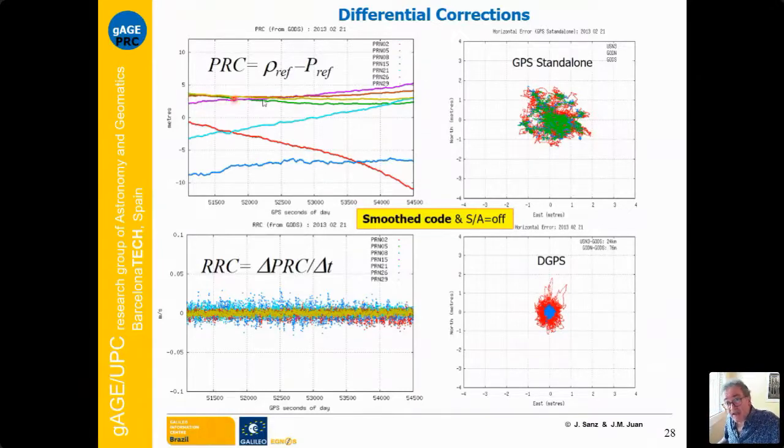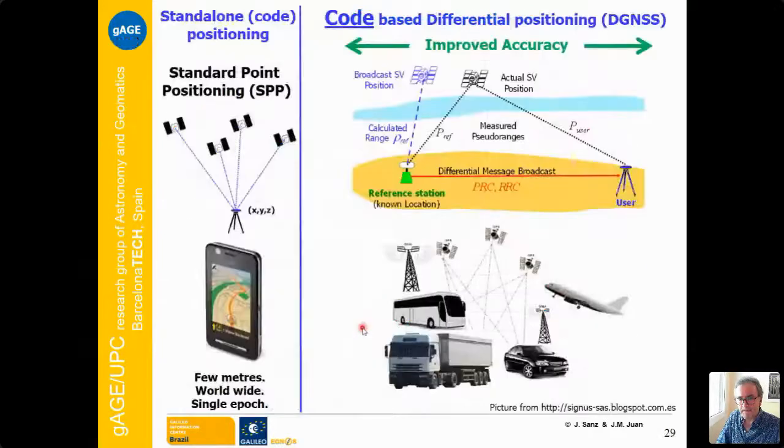But the idea is they vary smoothly, and the rate, these are meters per second, the variation in time is really small, centimeters per second. This is how these corrections look.